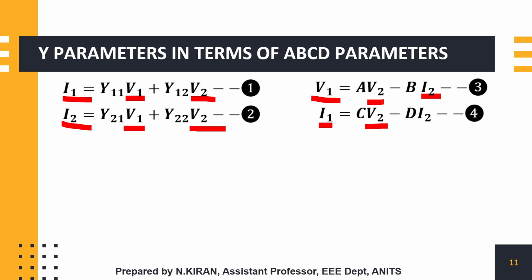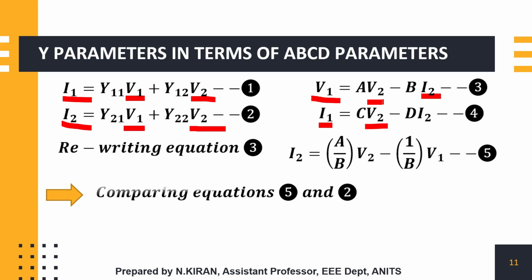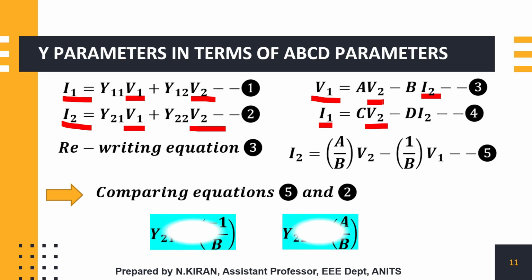So the second equation and third equation are both compatible. Before comparing, we'll rewrite the equation in a suitable manner and compare it with the second equation, which will give me Y21 to be minus 1 by B and Y22 to be A by B.